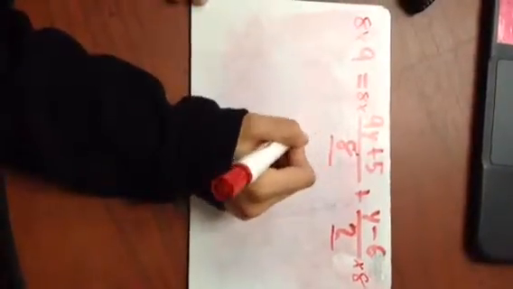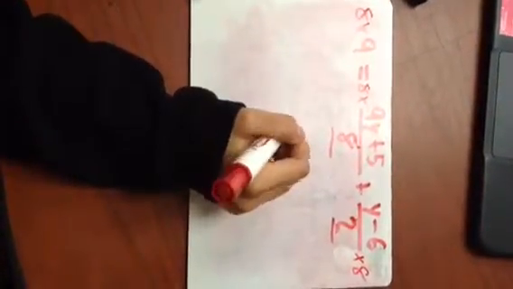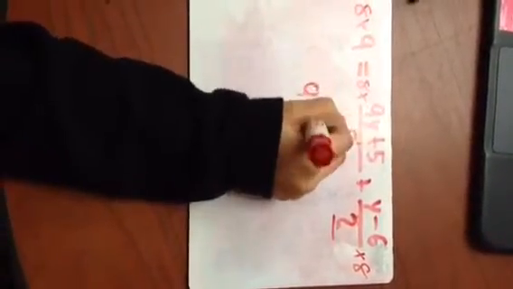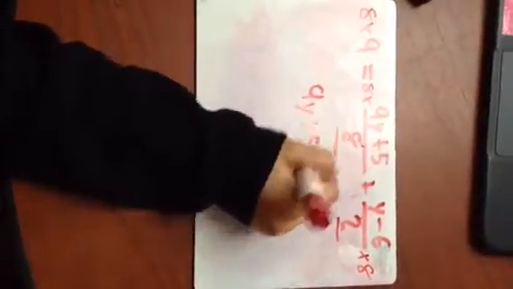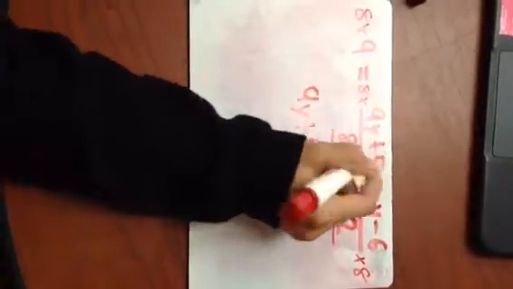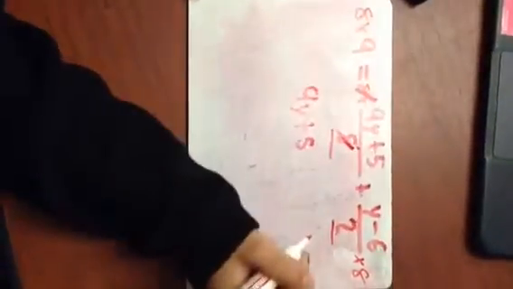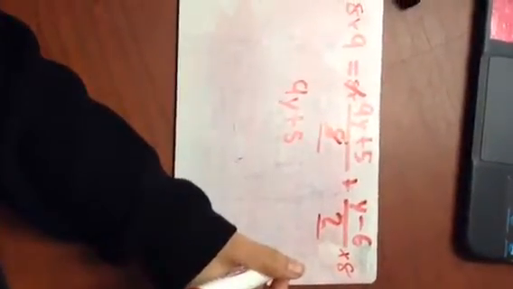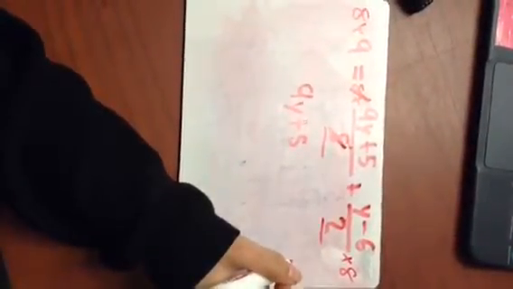9y plus 5 over 8 times 8 can be simplified to 9y plus 5 because the denominator can be canceled out. y minus 6 over 2 times 8 can be simplified to 4y minus 24.